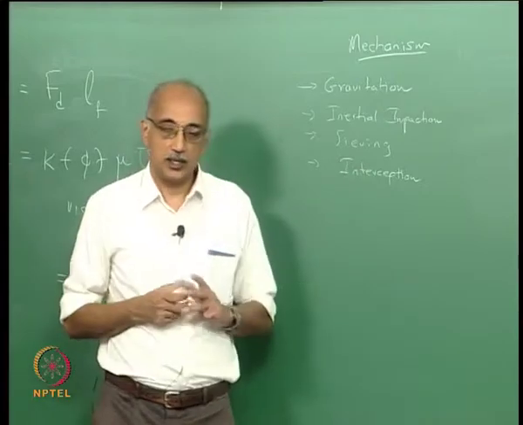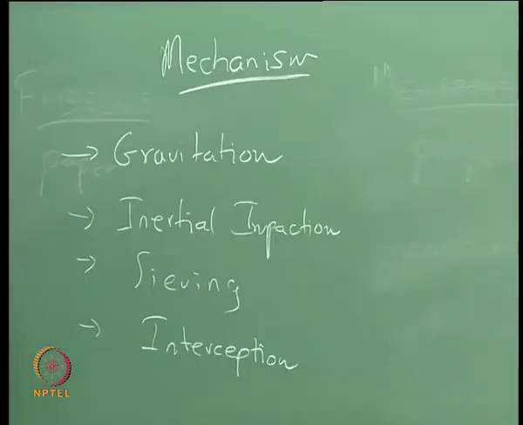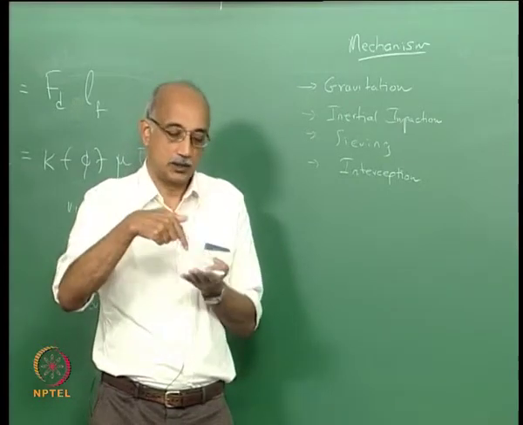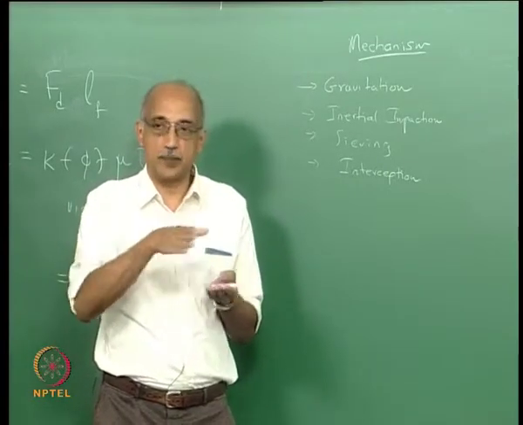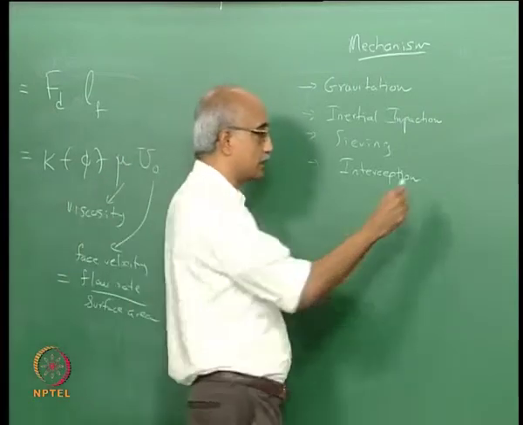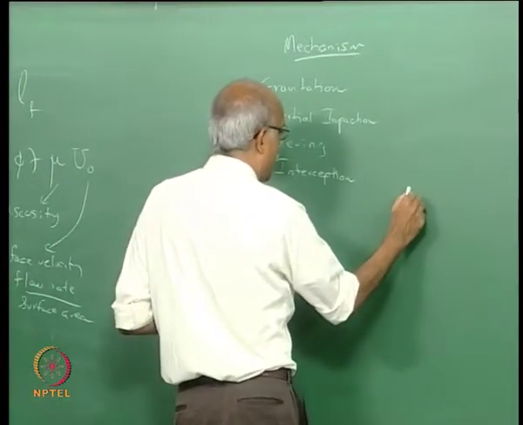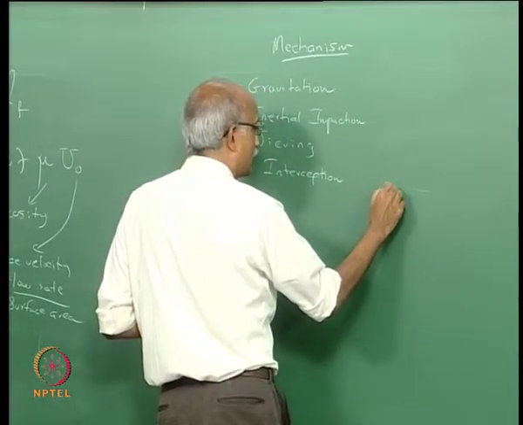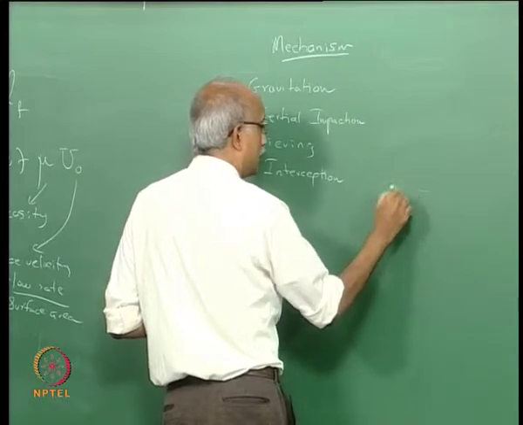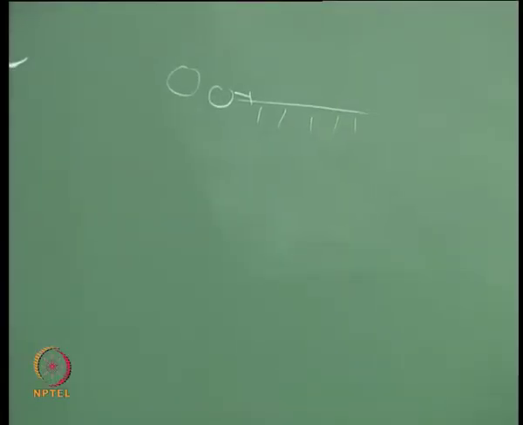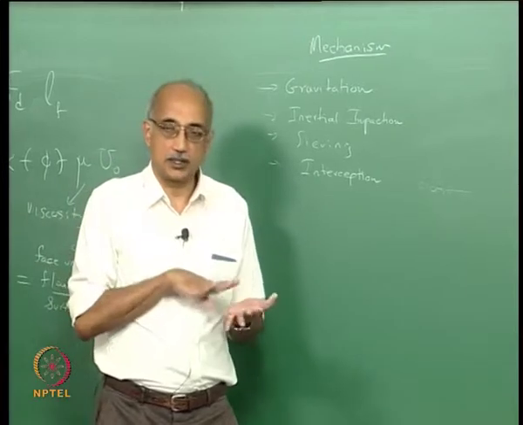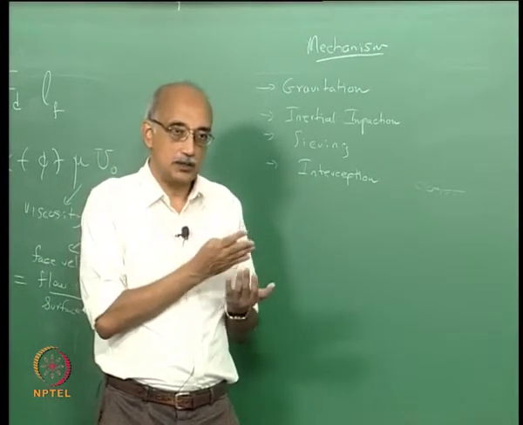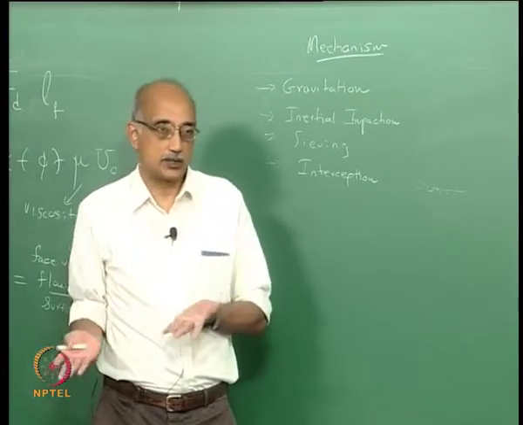Interception again is very similar in the sense that here the particle is not approaching the collection surface in a vertical direction, but in a parallel direction. And again, as we have seen before, you essentially have a surface like this, and if the particle is flowing in such a way that its streamline carries it very close to the surface such that it comes in contact with the surface, then the particle will preferentially detach itself from the fluid and attach itself to the surface.